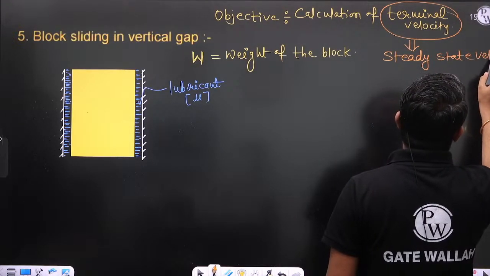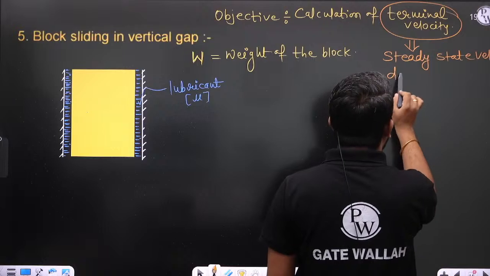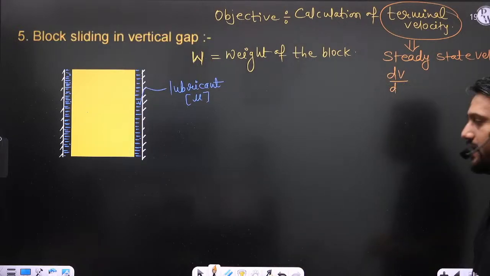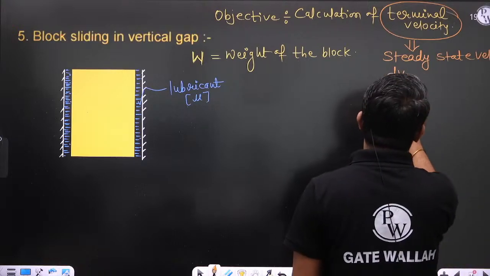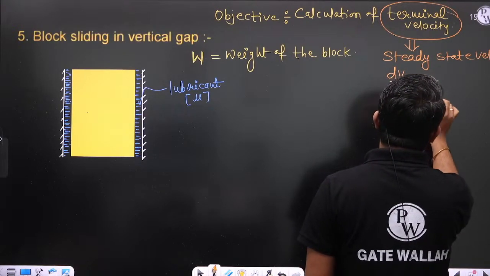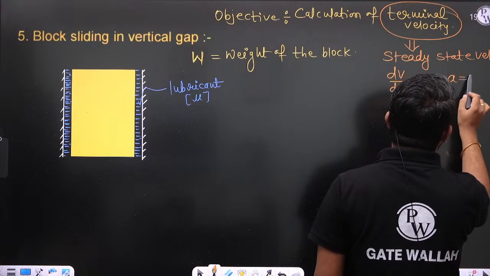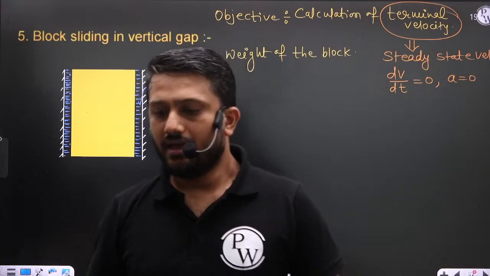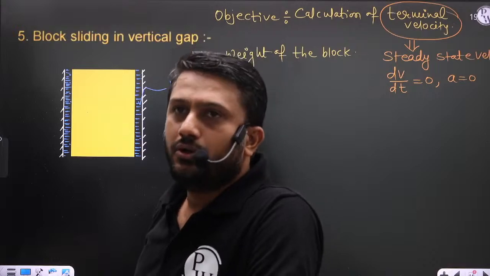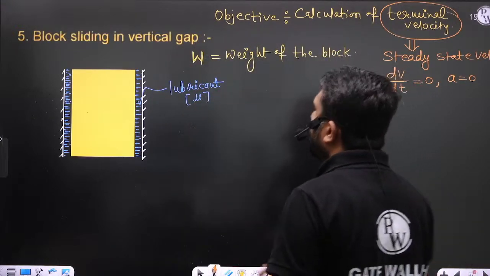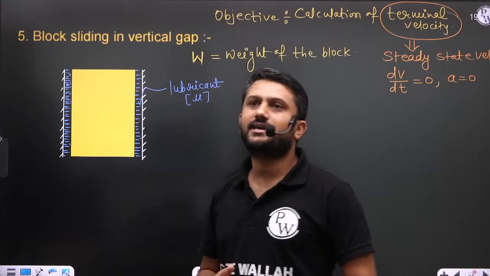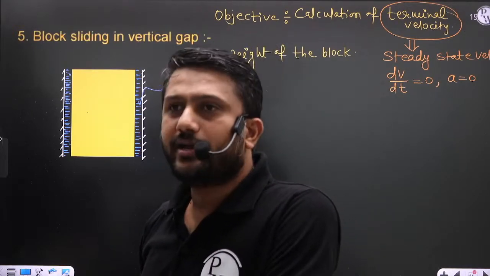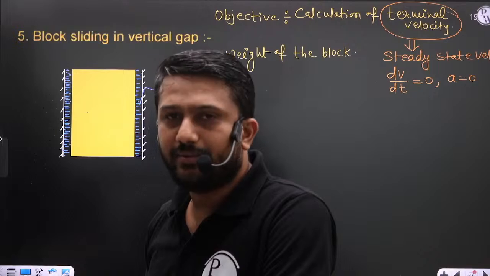Corresponding to terminal velocity, there is no acceleration, so dv by dt is equal to 0. When acceleration is equal to 0, that velocity of this block is known as the steady state velocity, or terminal velocity. So ultimately, my objective is calculation of terminal velocity.